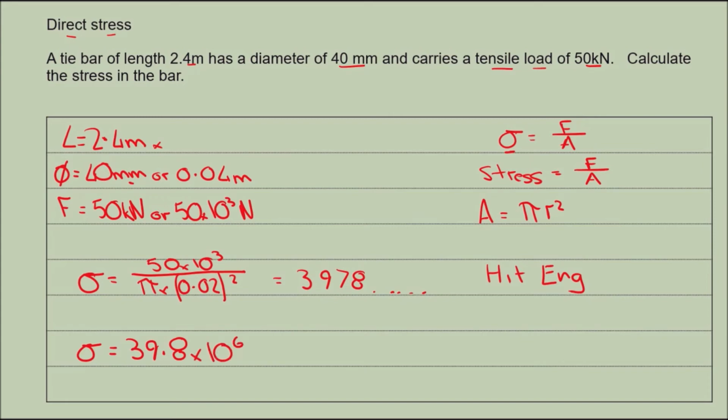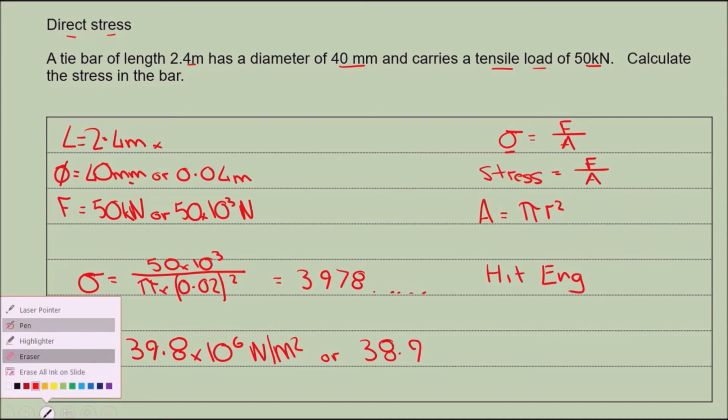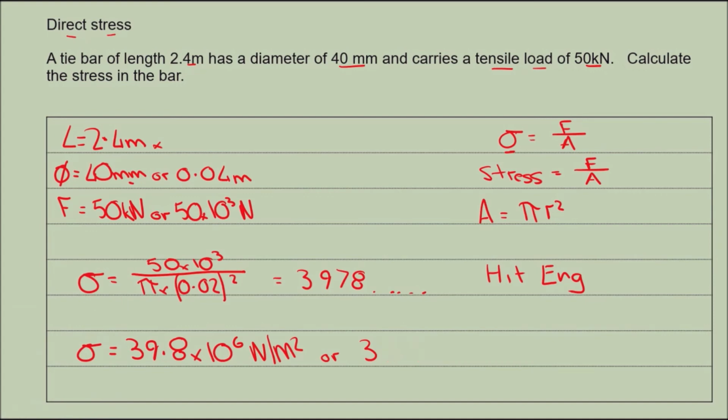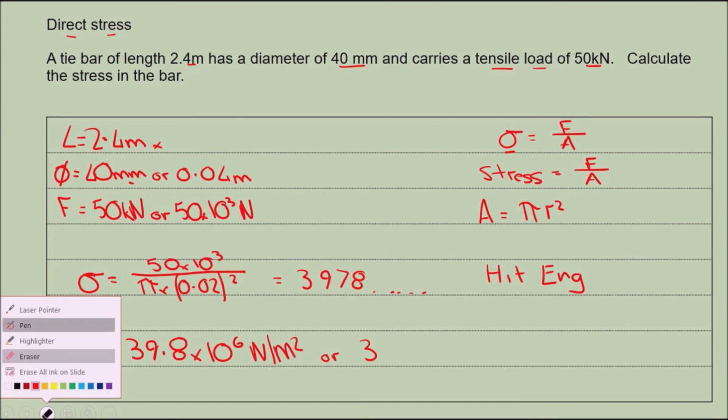Now, if we think about the units here, we've got a force on the top and an area on the bottom, so we can use newtons per meter squared, or the more common unit that we use for stress, the pascal. I've got that written the wrong way, I'll just rub that out. Sorry about this.